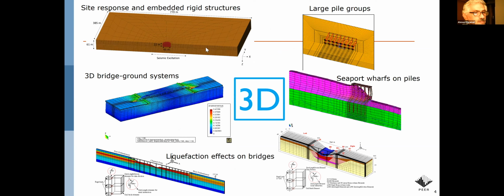And as you see here, we'll look in the beginning at a very large ground mesh with a rigid embedded structure, like something for a nuclear power plant containment structure in the middle. Then we'll look at large pile groups and interaction with the ground, simulating each pile in the pile group and the entire response of the ground structure system.